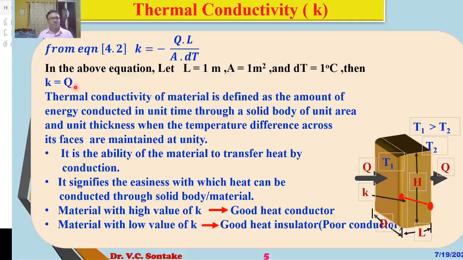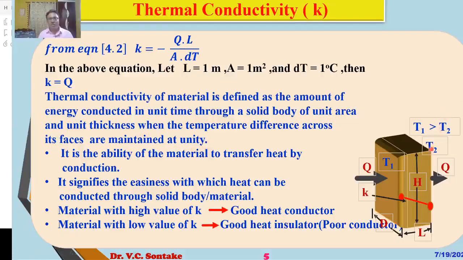From here you can define thermal conductivity. Thermal conductivity of a material is defined as the amount of energy conducted in unit time, that is rate of heat conducted, through a solid body of unit area and unit thickness when the temperature difference across its faces is maintained at unity.